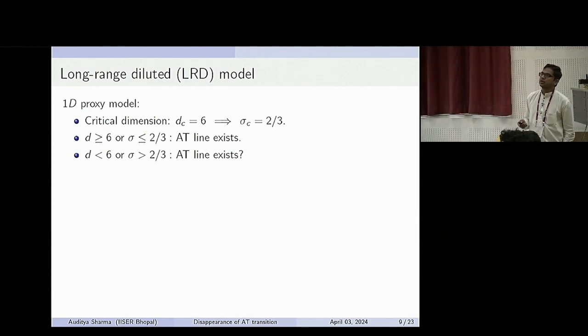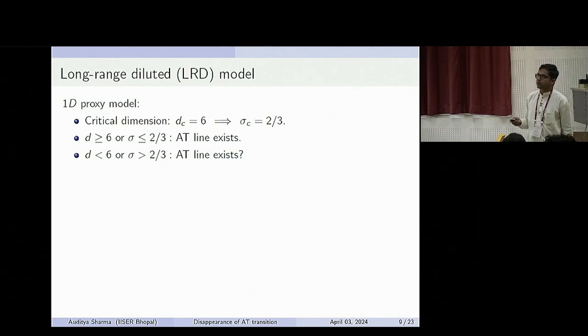In particular, the critical dimension below which RSB would vanish corresponds to sigma c equal to 2/3. Between sigma equal to 2/3 and sigma equal to half is the so-called mean field regime.